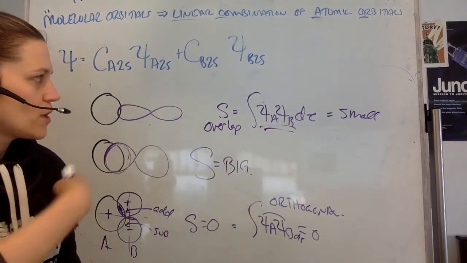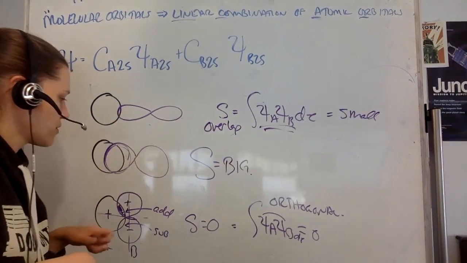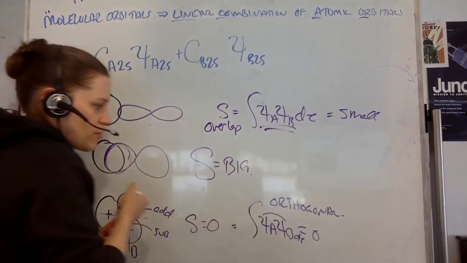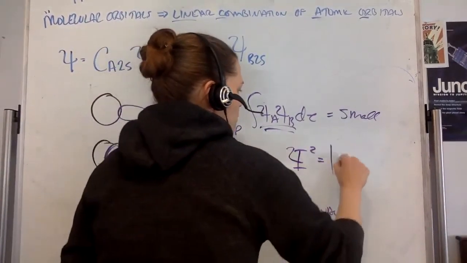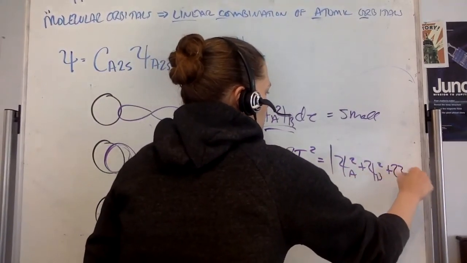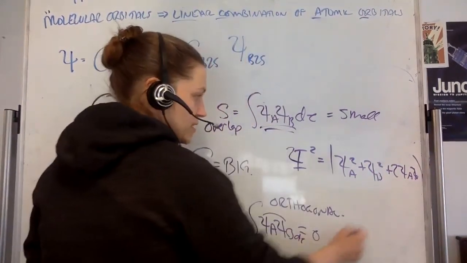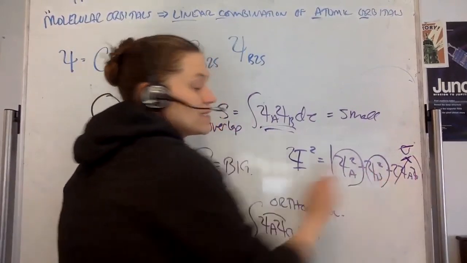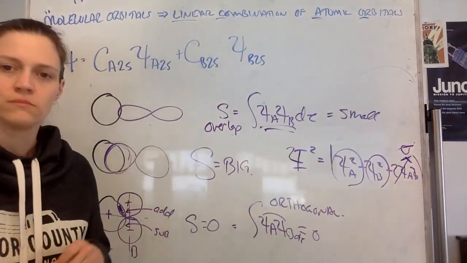And so you optimize knowing when you'll have a small overlap integral, a large overlap integral, and a 0 overlap integral. Because if you have 0 overlap integral, that means that big psi squared is equal to psi A squared plus psi B squared plus 2 psi A psi B. But if this is 0, that means that you just have 2 separate atomic orbitals. No overlap, no bond. Go team.